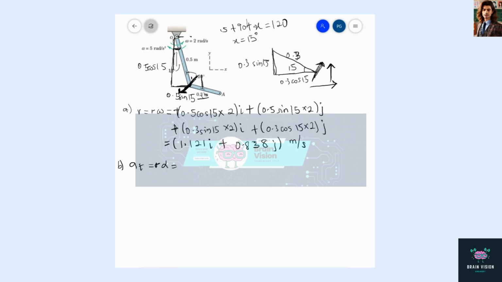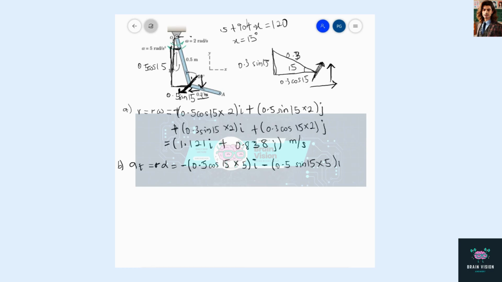So we're going to have minus, taking the horizontal first, the horizontal component, this will be the radius, this vertical line, 0.5 cos 15 times 5 i, minus, then for the vertical, 0.5 sine 15 times 5 j.